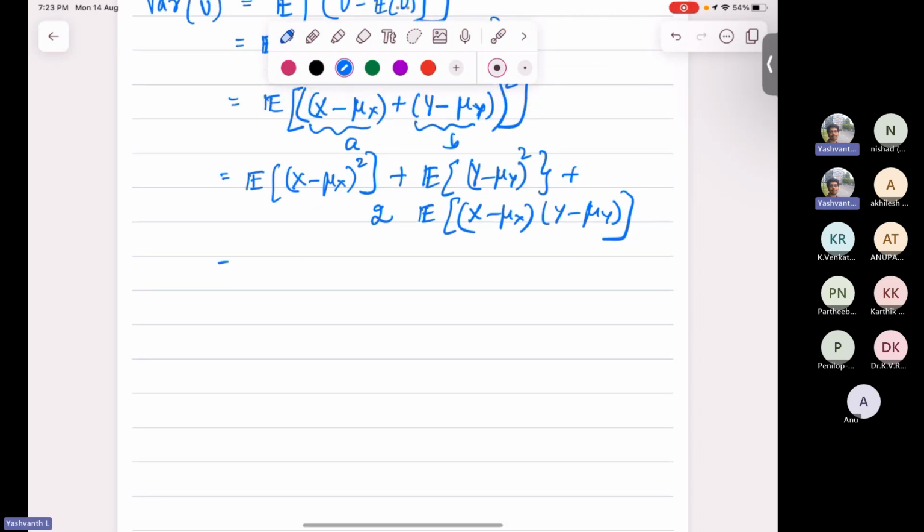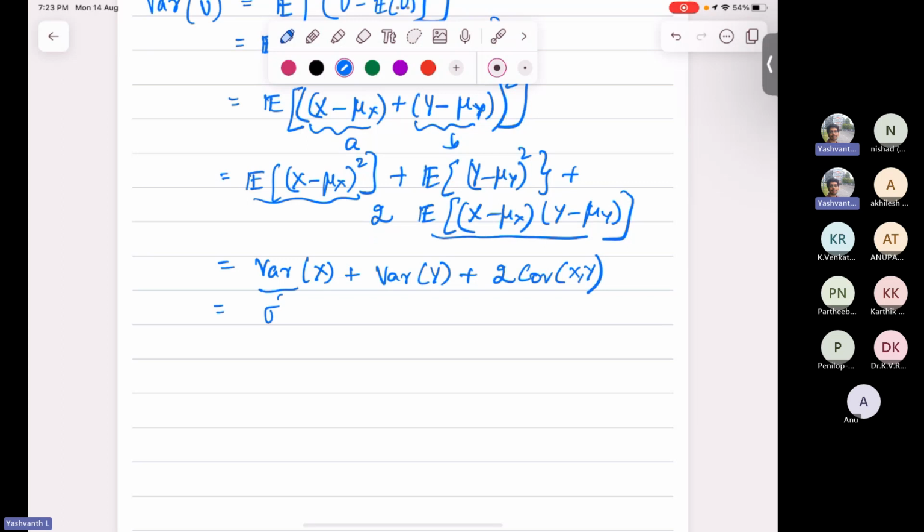This is the same as the definition of variance of x, plus variance of y, plus 2 times the covariance of x and y. So this is sigma square x plus sigma square y, which we know, plus 2 into covariance.